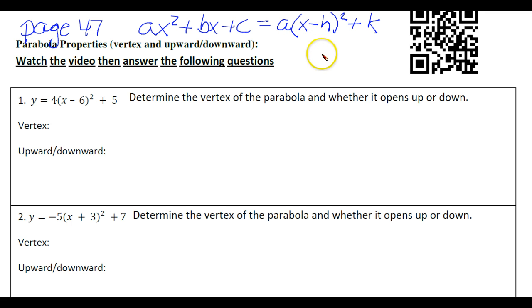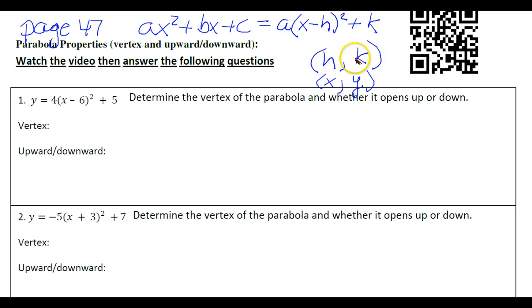The vertex of any parabola using this form is the opposite sign of h, which here it looks like a negative, so that will be a positive, plus k. Now, since this is an ordered pair, it's not a plus, it's a comma. So this is our x value, and this is our y value.